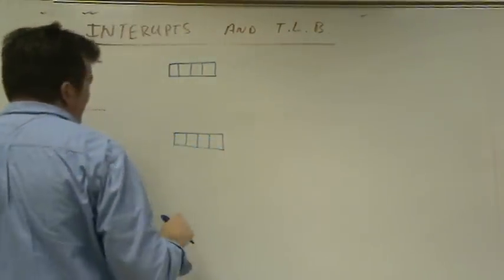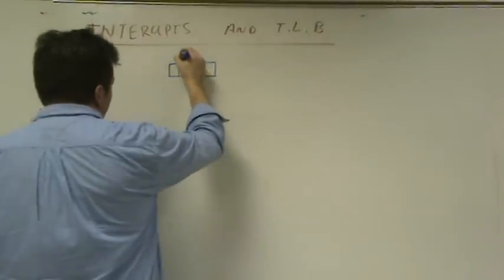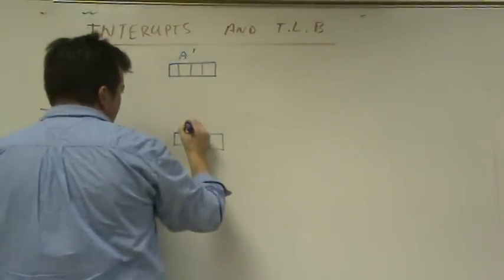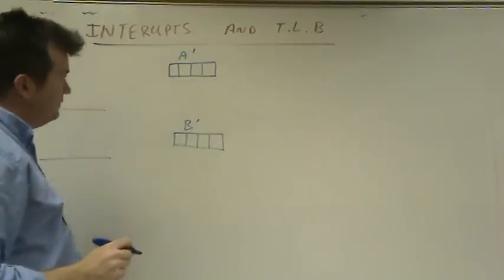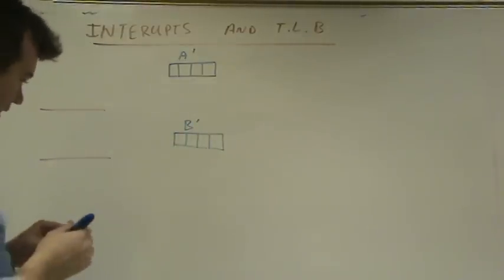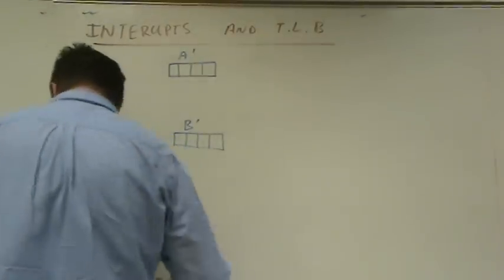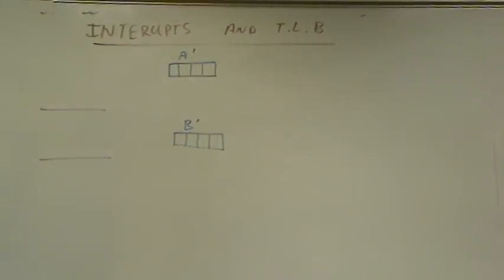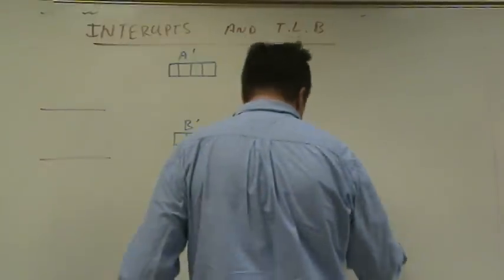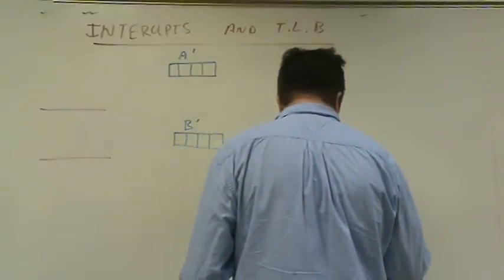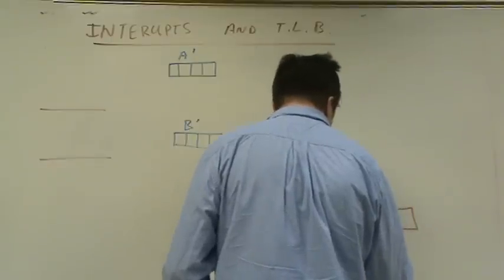Okay, so now we'll call this maybe A prime and B prime. This is a different register. Now it has 4 bits to it. And we have a new goal here. Our new goal is to have one final register, same size as the primes.